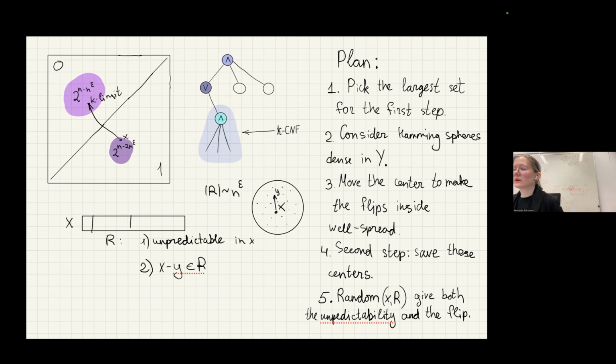And this is everything that we need to say that, okay, this is the point where we make an error. A CNF that correctly computes this should also give 1 on that. So this is all. That's it for the proof.